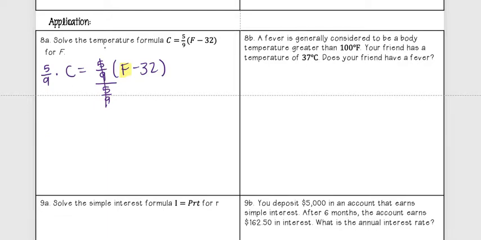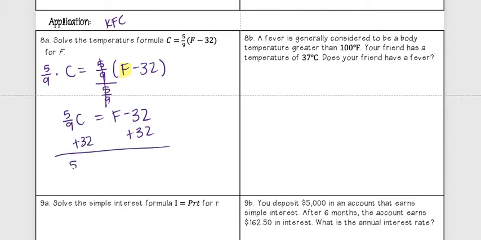So remember that KFC. So I get 5/9 C is equal to F minus 32. And then I just add 32 to both sides. And so I get that.